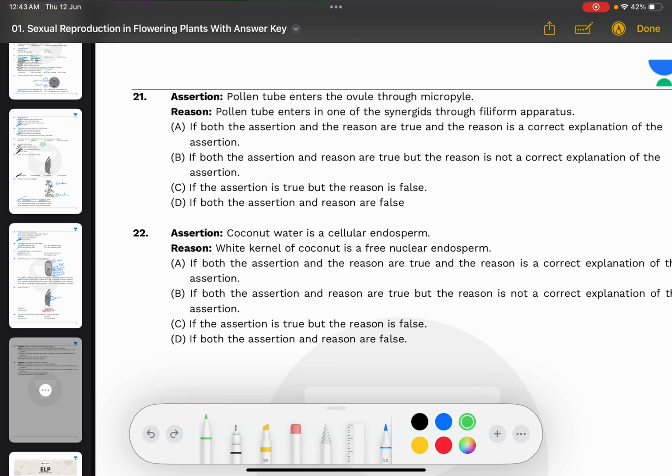Synergid guides the entry of the pollen tube after reaching the filiform. They enter one of the synergids through the filiform apparatus. So this is right. A option will be correct.